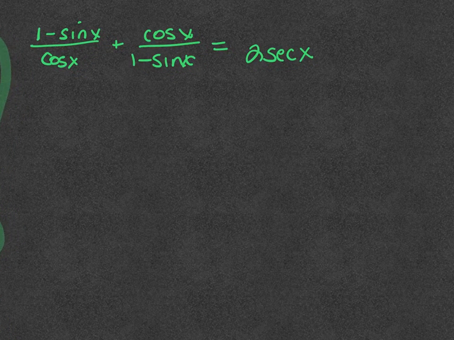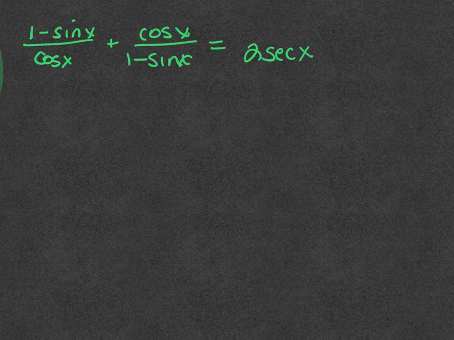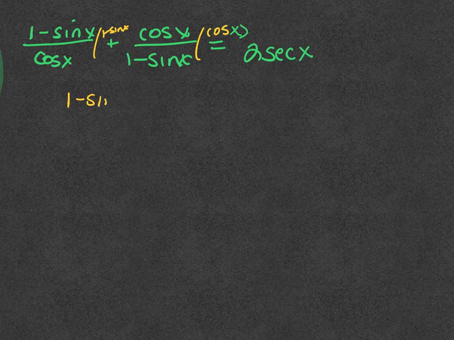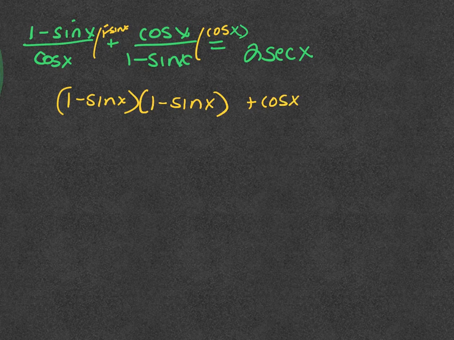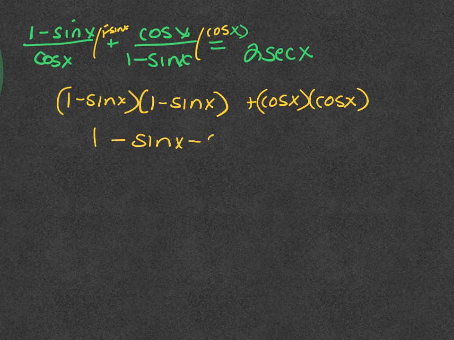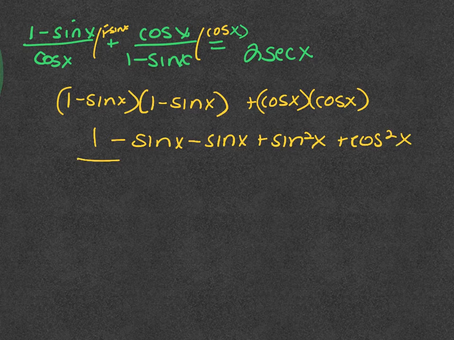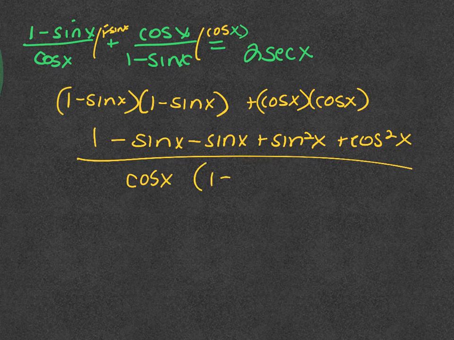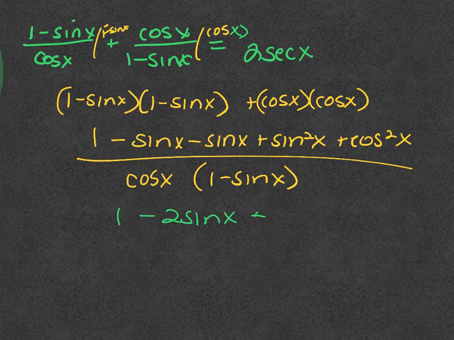Okay, so again, two separate fractions, right? This time you've got to give them a least common denominator, which means this is going to get 1 minus sine in the top and the bottom. This cosine. These both get cosine, right? So then I get 1 minus sine of x times 1 minus, times 1 minus. So it's minus sine x minus sine x plus sine squared x plus cosine squared x all over cosine. 1 minus 2 sine x plus, this is 1.